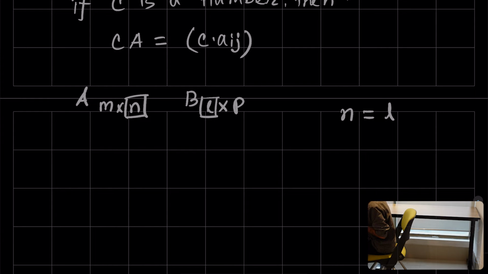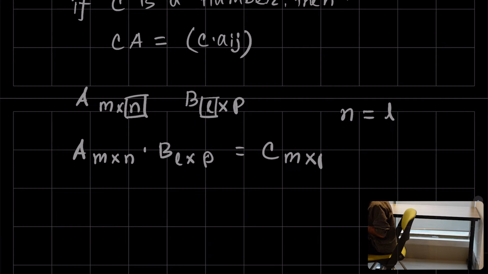Then after the multiplication, what we are going to have is m cross n with L cross p. This is equal to some matrix, let's say C, and the size of this matrix will be m cross p. The rows of the resultant matrix come from the first matrix and the columns come from the second matrix, right?